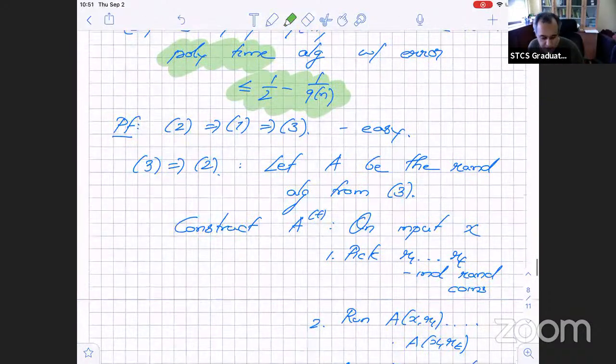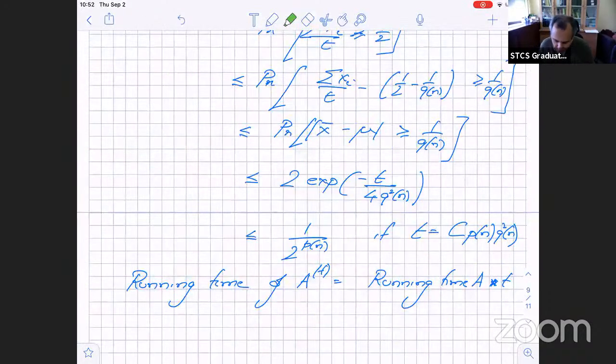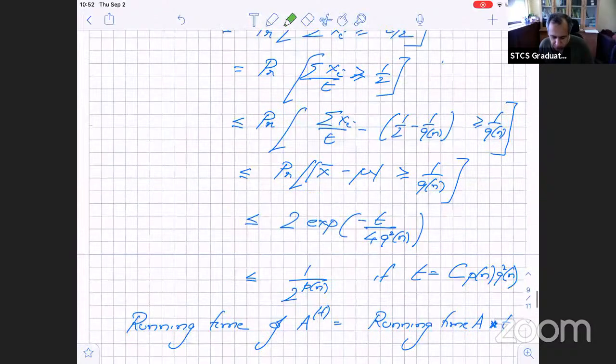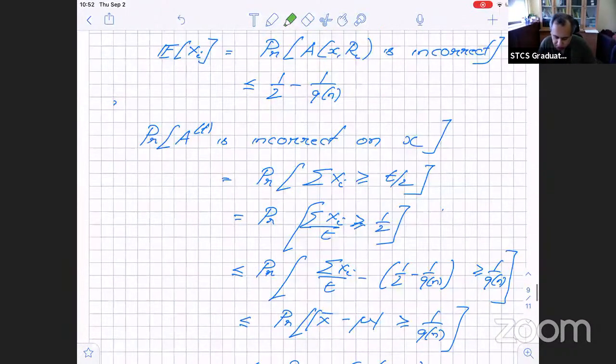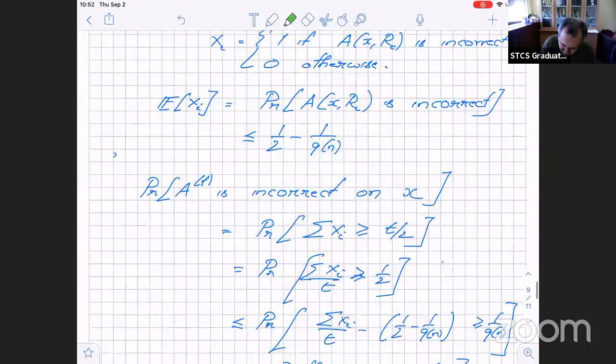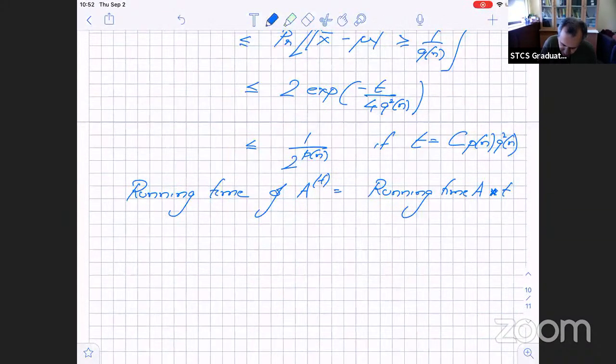Okay, so you can reduce the error. Now I want to say actually, this repetition is nice, except... Let's look at this repetition, this error reduction.